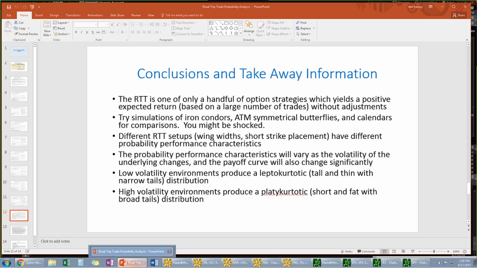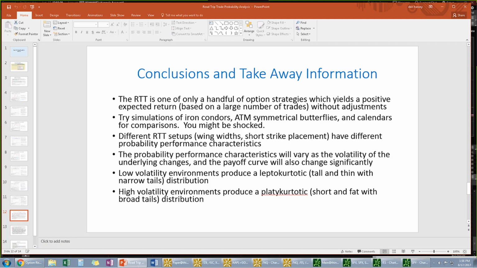So what are the conclusions, just to finish this up? I've already mentioned that you're not going to find many, if any, strategies that are going to give a positive expected return based on probability alone, with no adjustments, no stops.